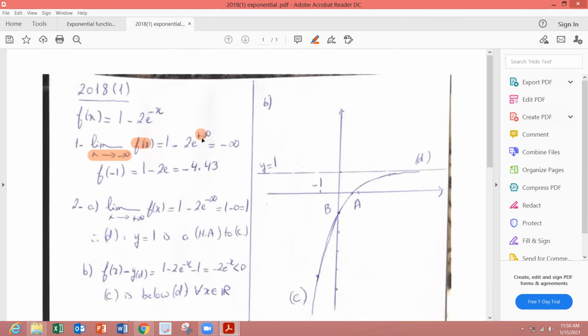Now e to the plus infinity is plus infinity multiplied by minus, it will be minus infinity. And we are asked to calculate f of minus 1. It is a particular point also. f of minus 1 equals 1 minus 2e to the power 1, equal to minus 4.43.